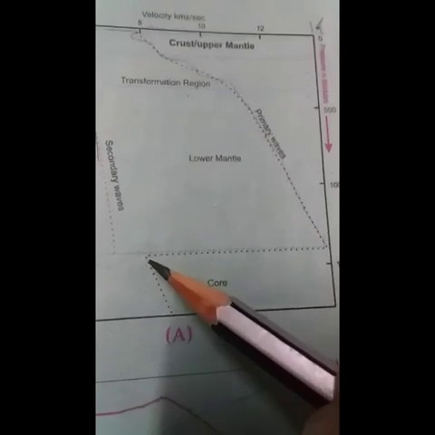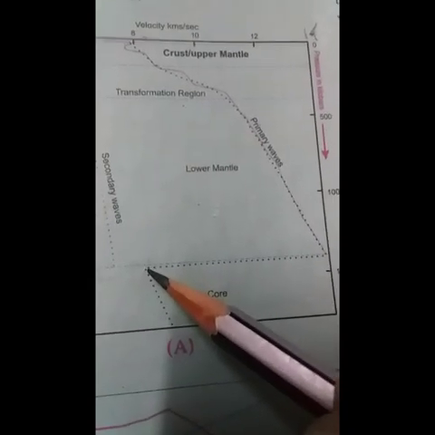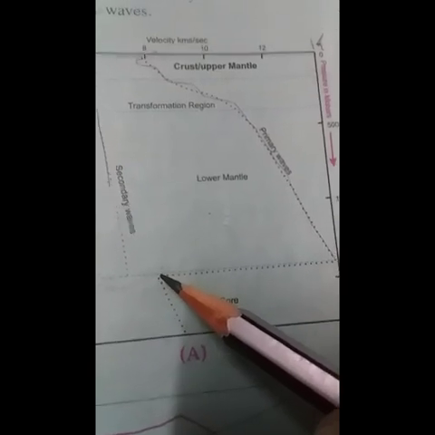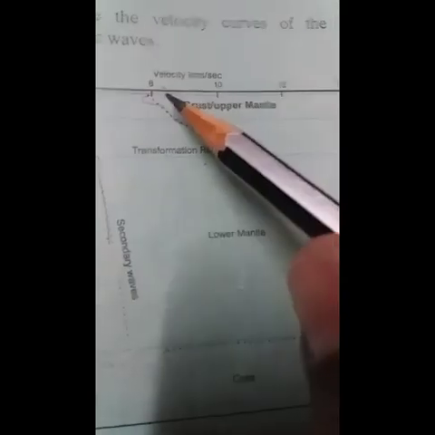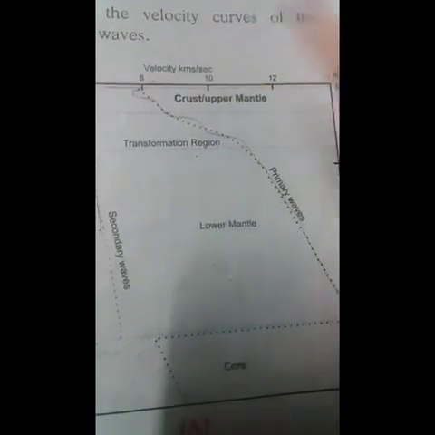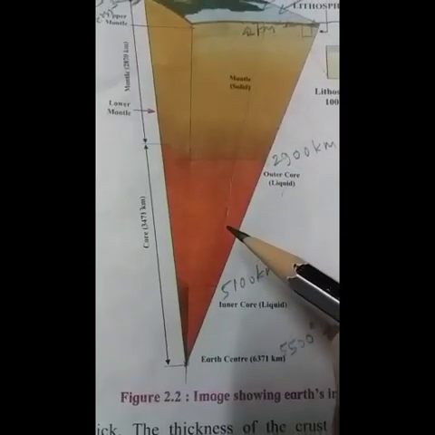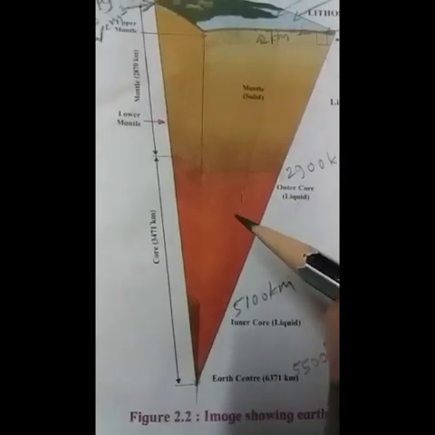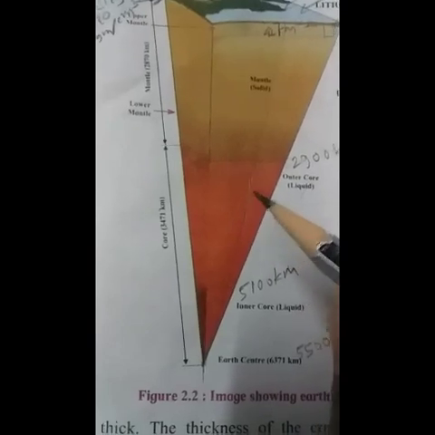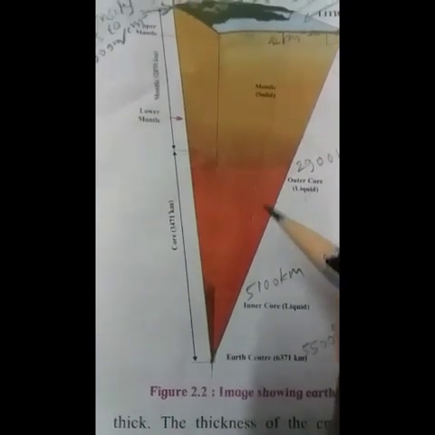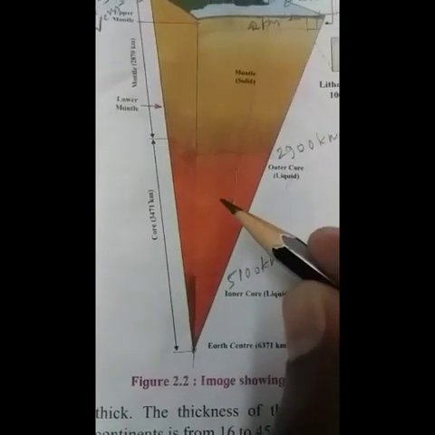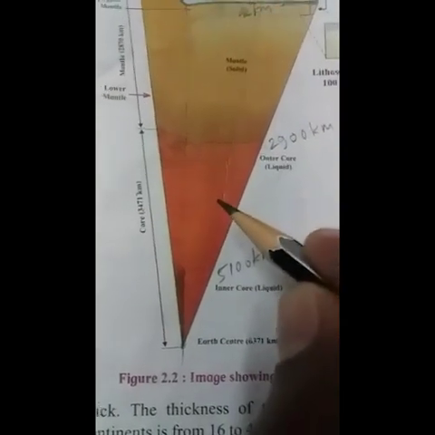Near this boundary, the velocity of primary waves shows approximately 8.25 kilometers per second. The density of outer core is 9.8 gram per cubic centimeter. The temperature of the liquid outer core is around 5000 degrees Celsius.